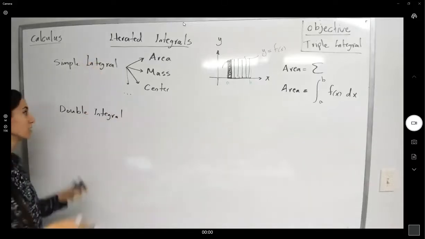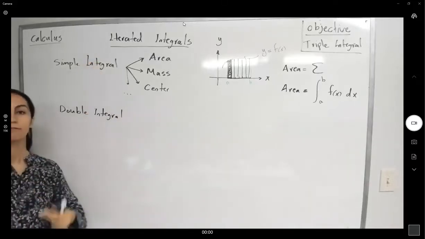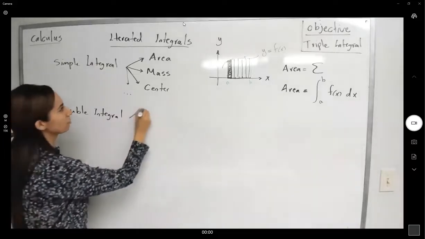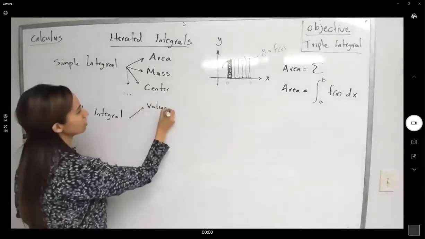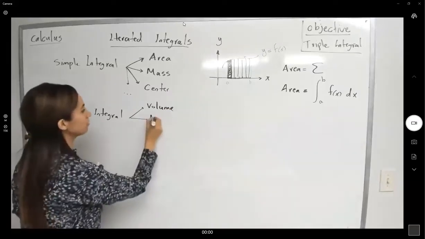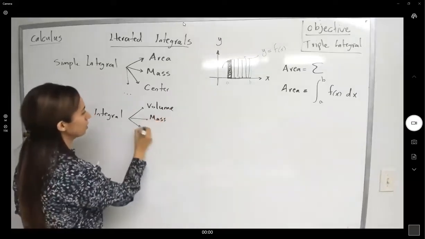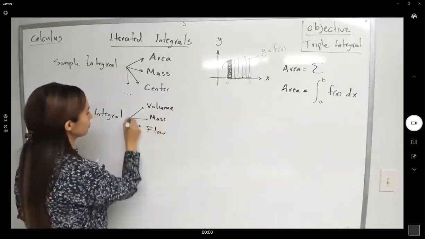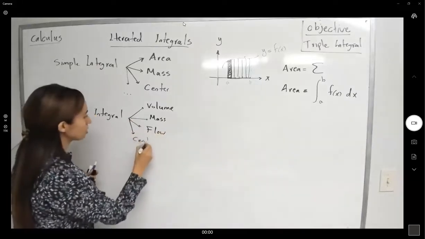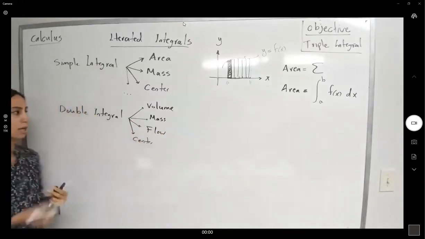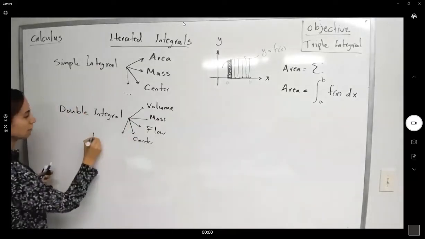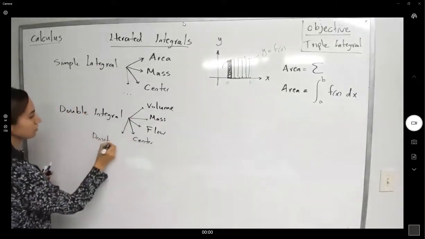We saw that double integrals have different meanings in different contexts. One of them is finding the volume. It might be finding the mass. It might be finding, for example, the flow. It might be finding the center of a 3D object, and finding, for example, the density function.